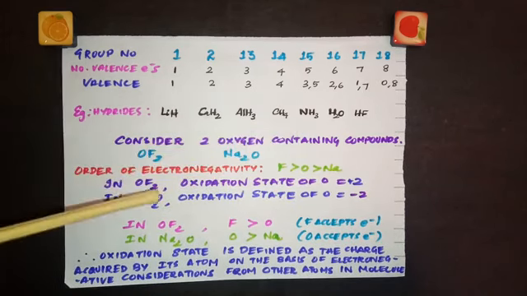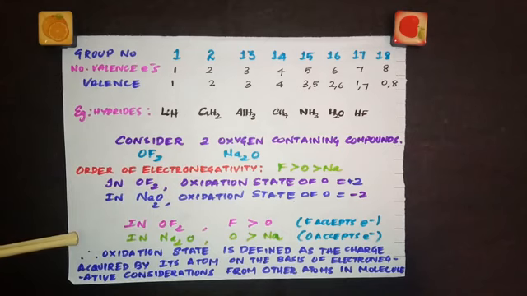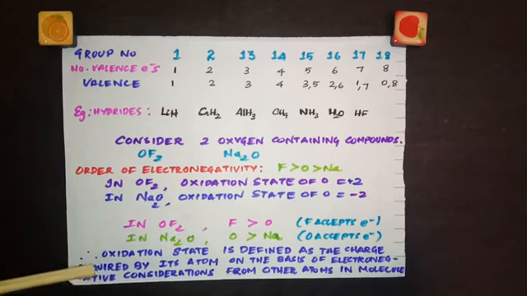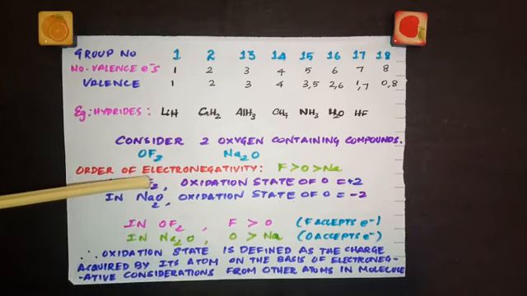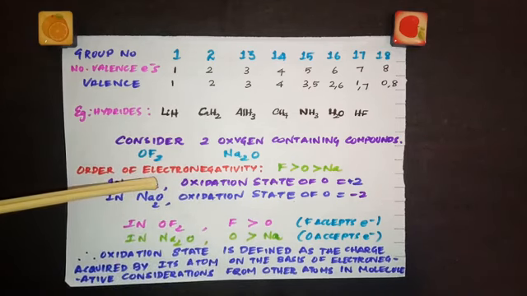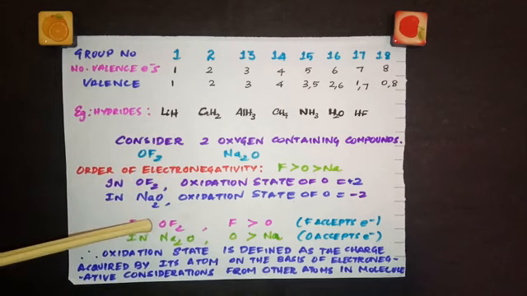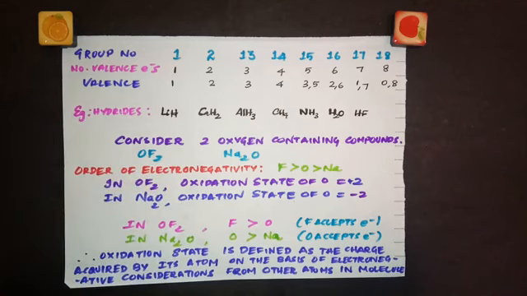So you can define the oxidation state of an element in a particular compound as the charge acquired by its atom on the basis of electronegativity considerations from other atoms in the molecule. So depending upon the electronegativity consideration from other atoms in the molecule, the charge assigned to an atom is called the oxidation state.